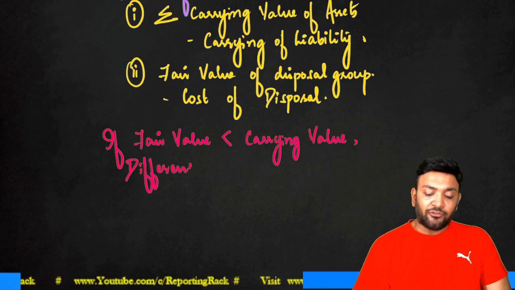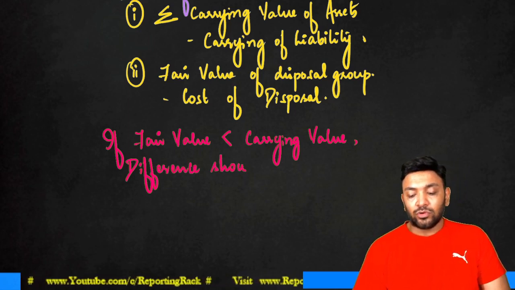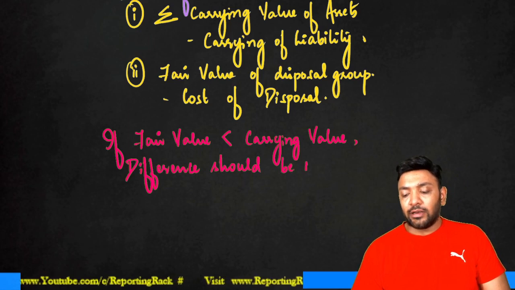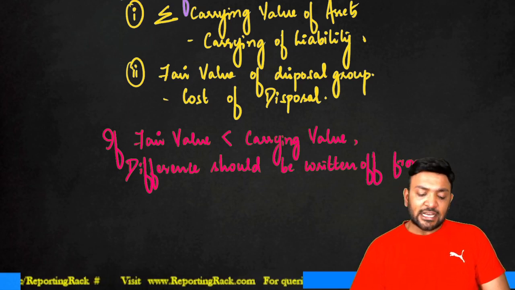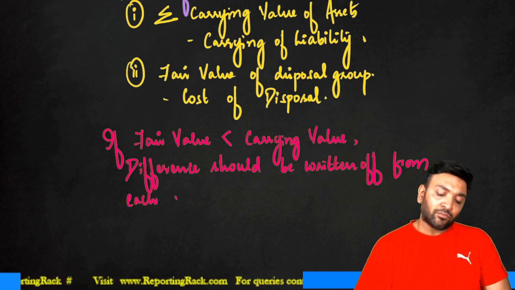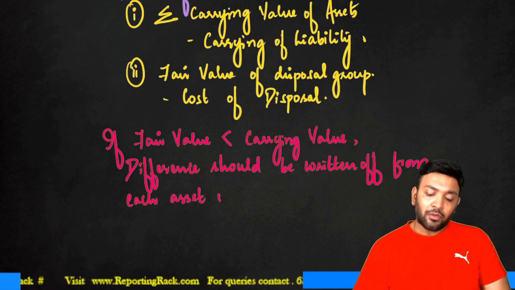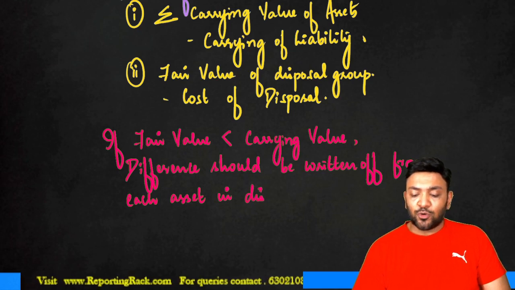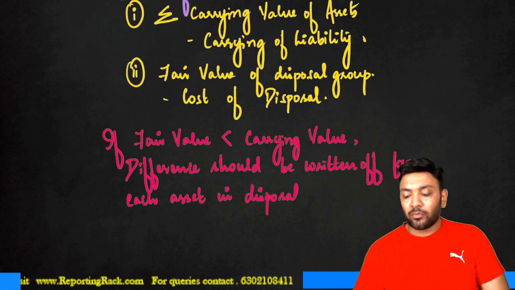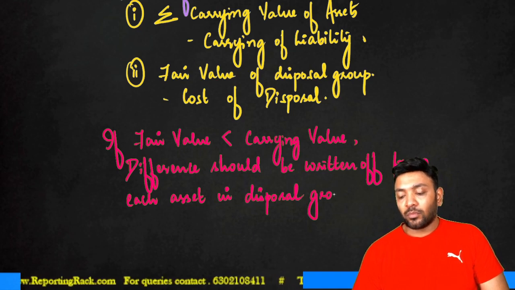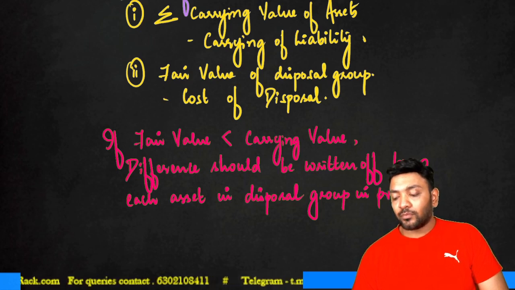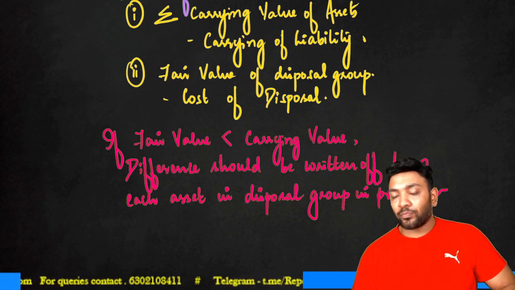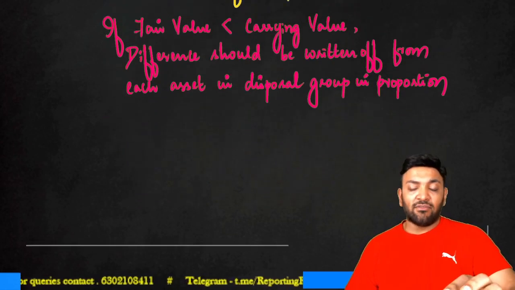Friends, it should be written off from each asset in the disposal group in proportion of their carrying value.